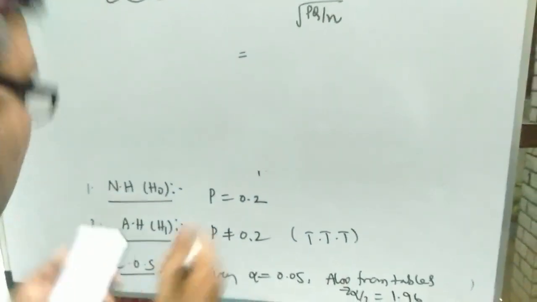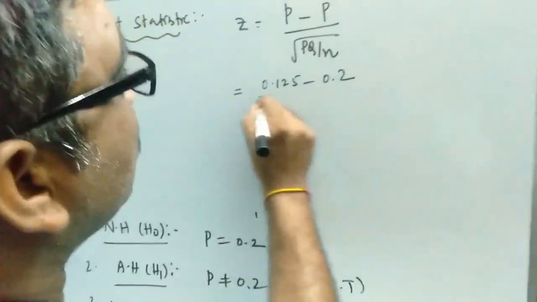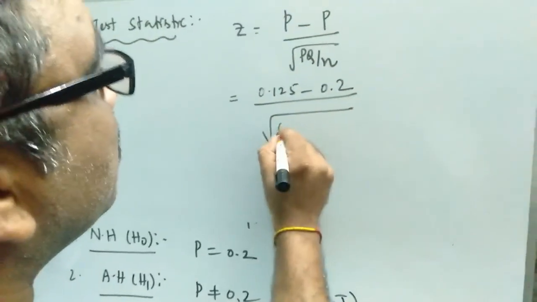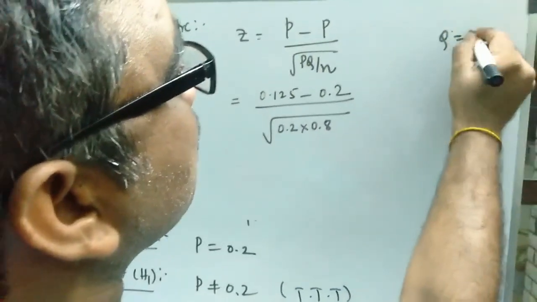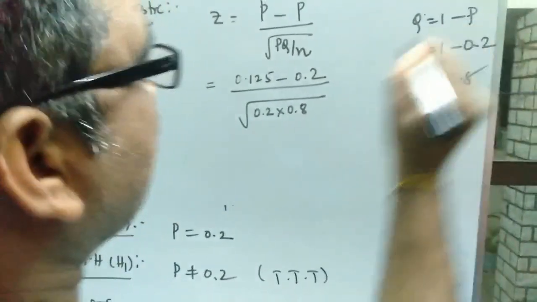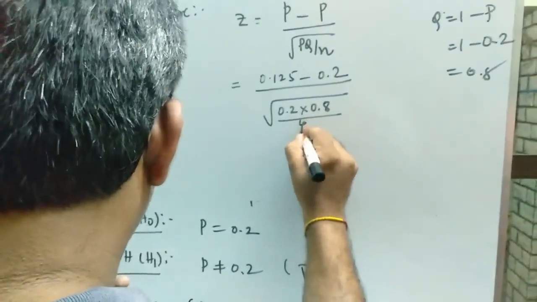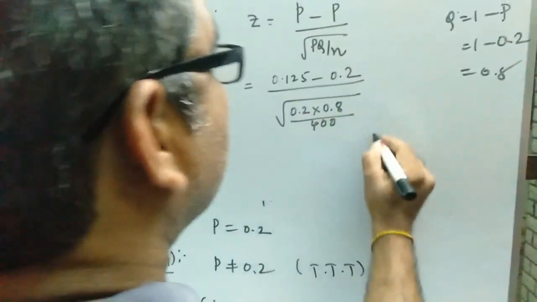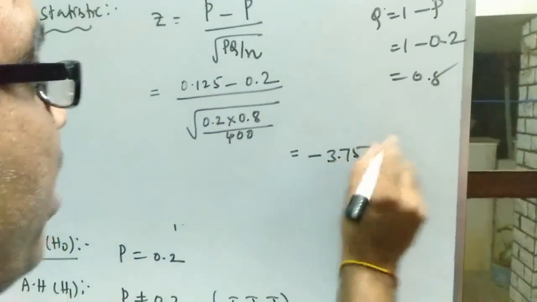Now choosing small p, 0.125 minus 0.2 by root of 0.2 into 0.8. q is equal to 1 minus p, 1 minus 0.2, that is equal to 0.8, by n, the number of items, it is 400, and this value is equal to, I am calculating, minus 3.75.